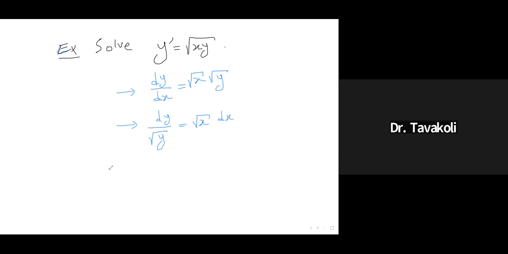These two sides are equal, so the integral of the left side equals the integral of the right side. Let me continue on the next page. Antiderivative of 1 over radical y with respect to y, as you have seen even in Calc 1, is going to be 2 radical y.